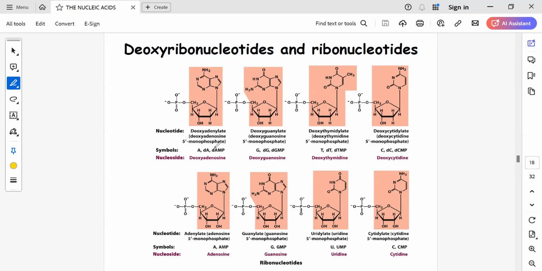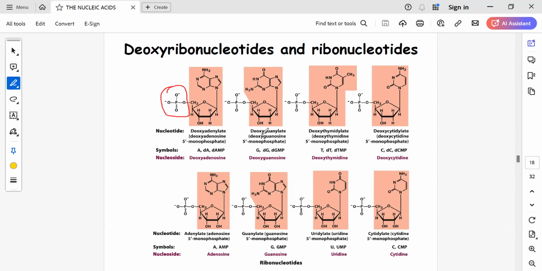When you have 5' monophosphate, it means that one phosphate group is attached to the nucleotide. So deoxyadenylate is the same thing as deoxyadenosine 5' monophosphate.